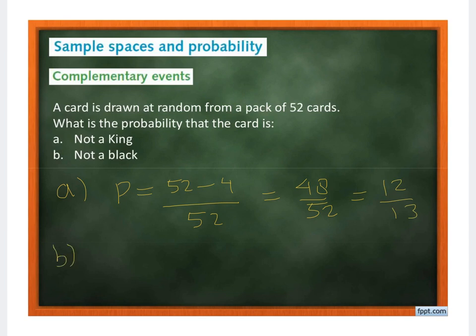For B, not a black means red. There are 26 red cards over sample space 52. It means 1 over 2, 1/2.